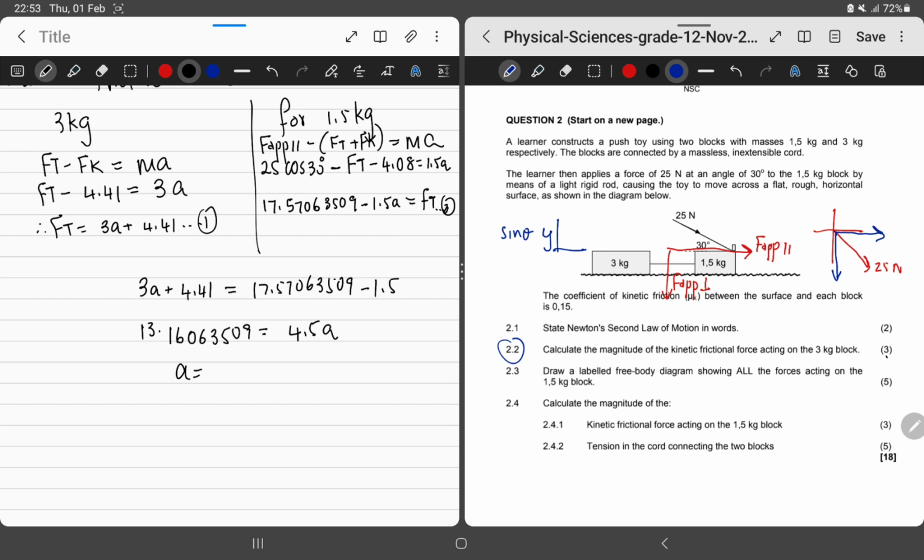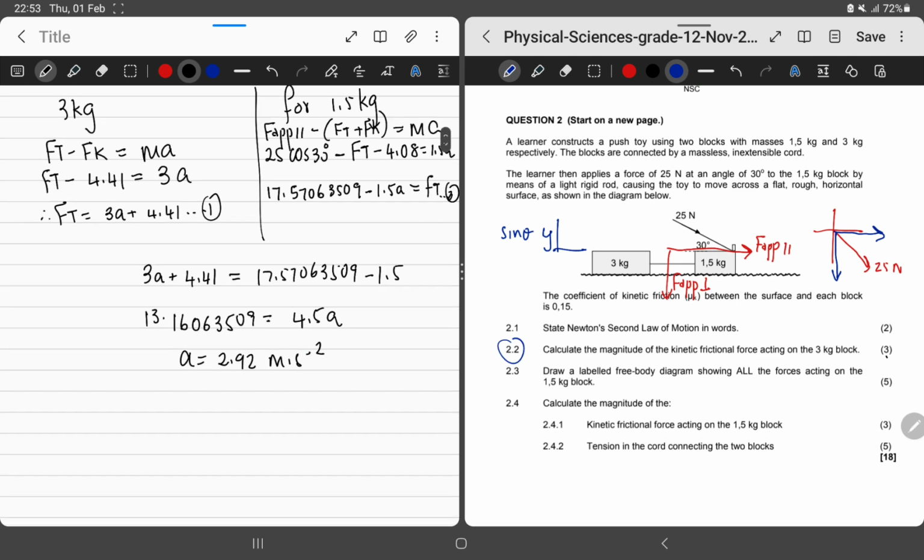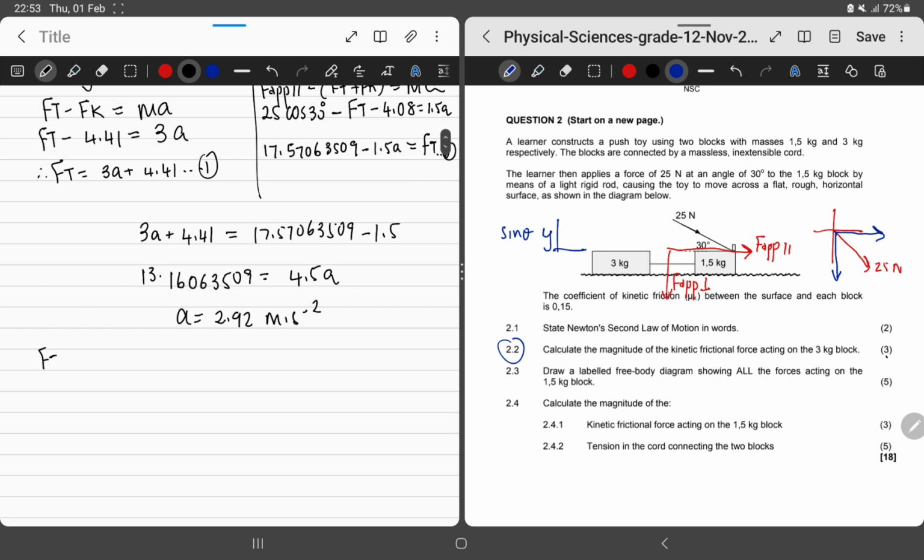So the acceleration is equal to 2.92 meters per second squared. But they are not looking for the acceleration, they are looking for the tension. So I'm just going to take 3 times 2.92 plus 4.41, and I'm getting 13.17 newtons.